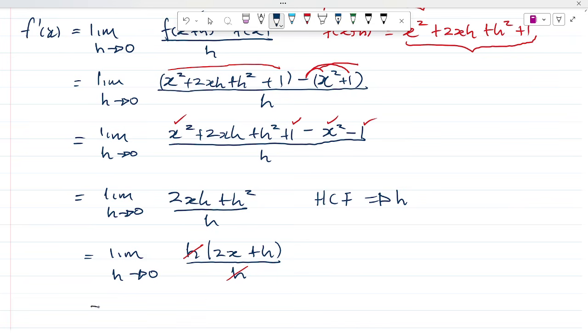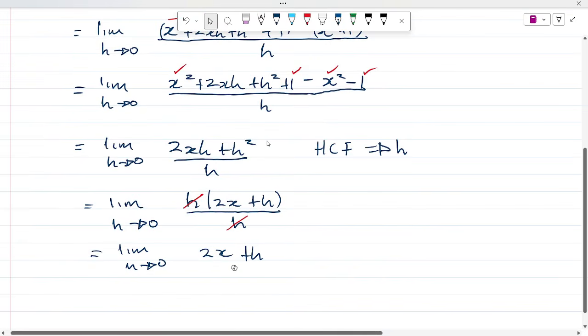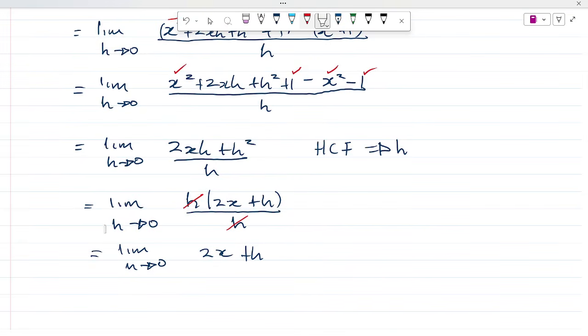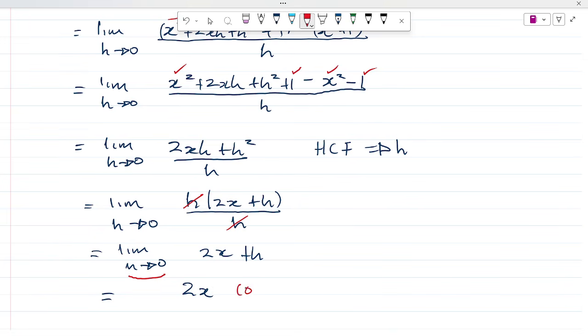And then with the limit approaching 0, you're left with 2x plus h. However, remember that the statement is telling us that h is turning into 0. Then your final answer will be 2x, because you are now going to consider h as 0.